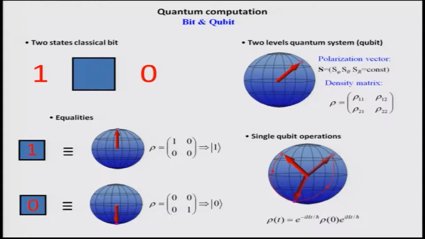So, in this regard, let us once more revisit the concept of the bit and the qubit as to how we can look at it. In some sense, a classical bit has exactly two possibilities, as we all know. On the other hand, the quantum bits are shown in terms of spheres.